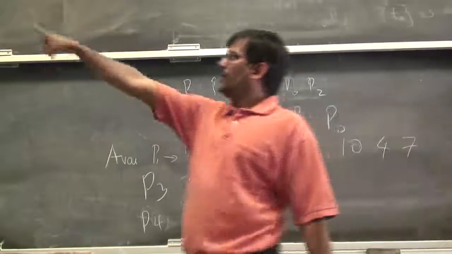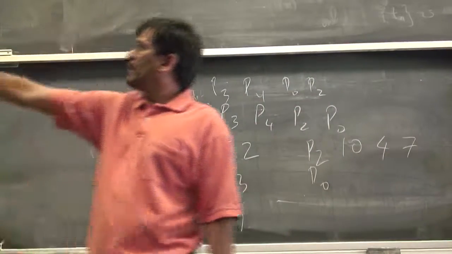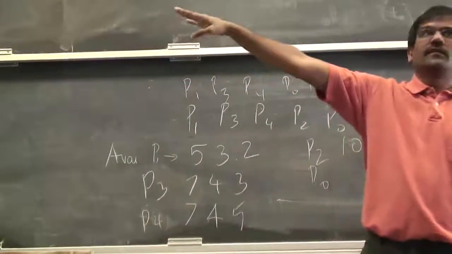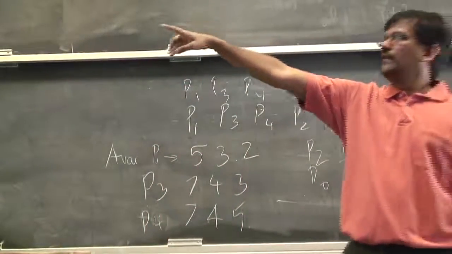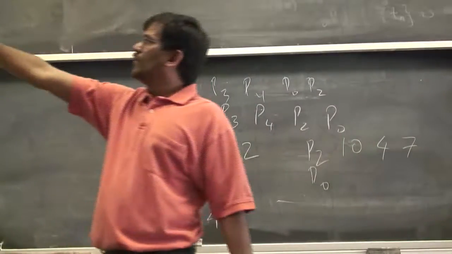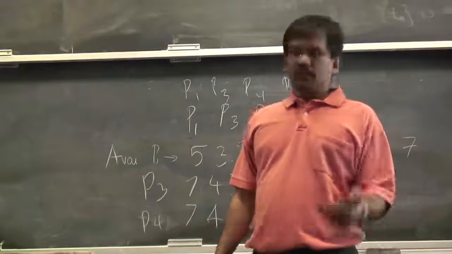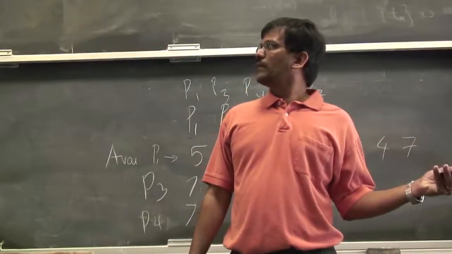So after the request 1, 0, 2 goes through, this is how the state changes. Essentially, the available state now goes from 3, 3, 2 to 2, 3, 0, right? Let's go back to that.